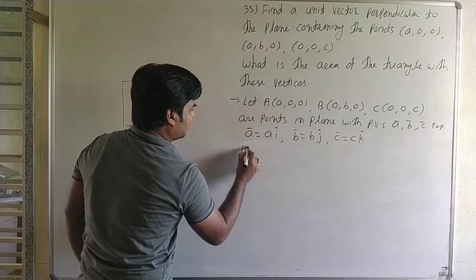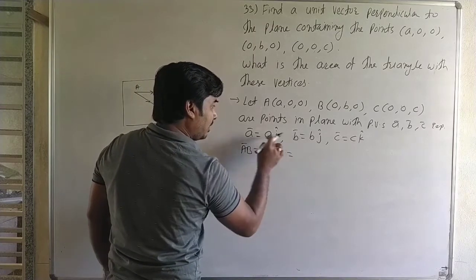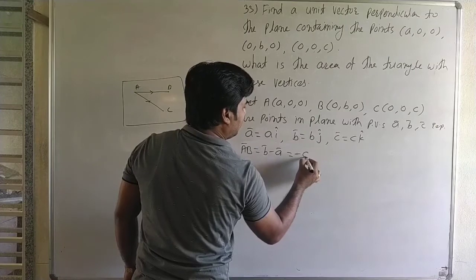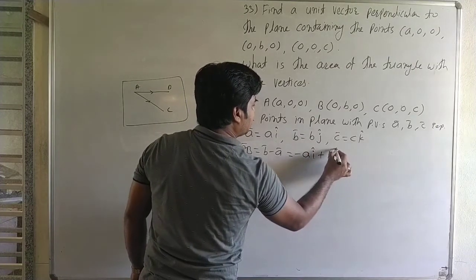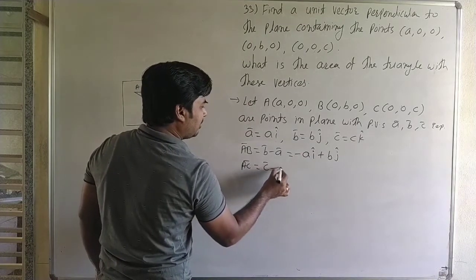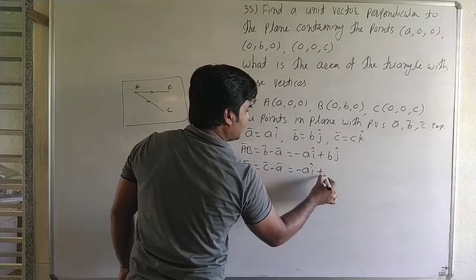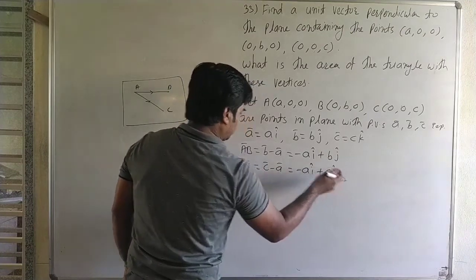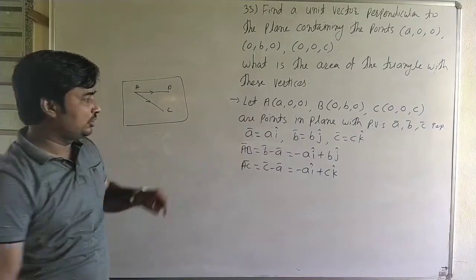Vector AB is B bar minus A bar, that means minus A i cap plus B j cap. And vector AC is C bar minus A bar, again minus A i cap plus C k cap. These are the two vectors. First we find the vector perpendicular to these two vectors.